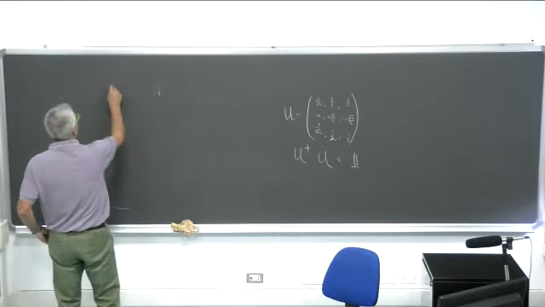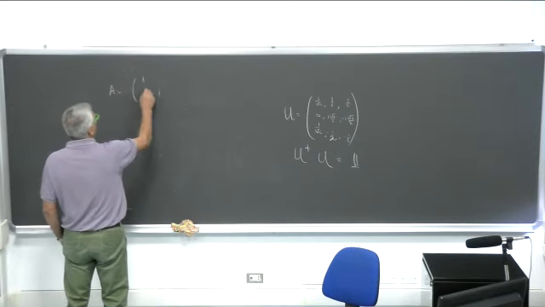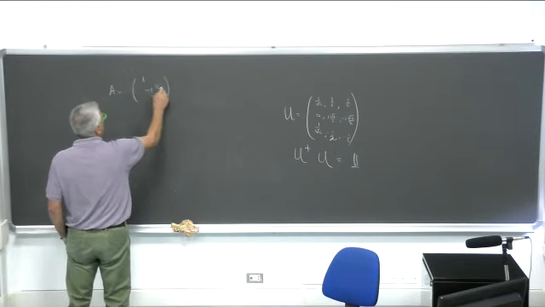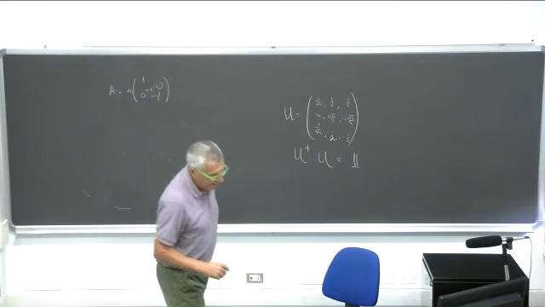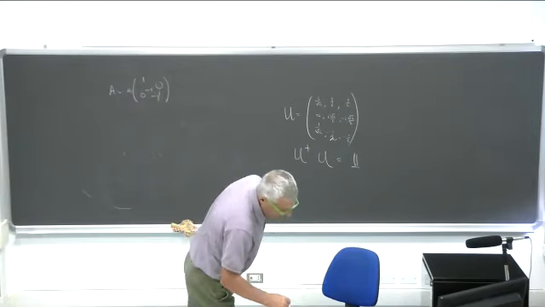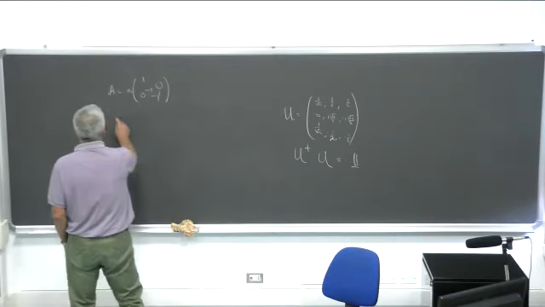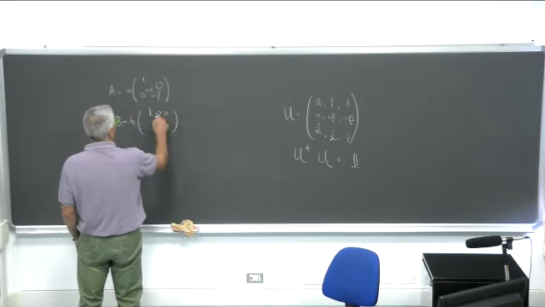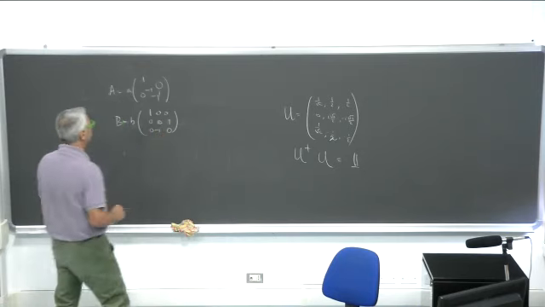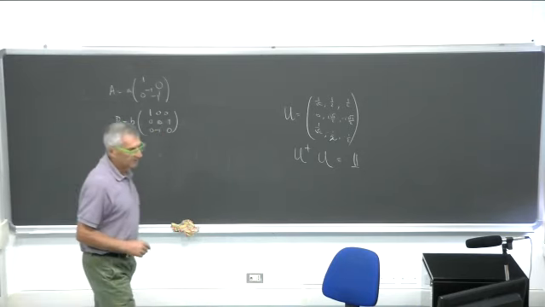Yes, A was 1, minus 1, 0, 0, and this is a real number. And again, B was written 1 here, 0, 0, and then minus 1, 1, 0, sorry, 0, 1, 0, right? This is what was written.